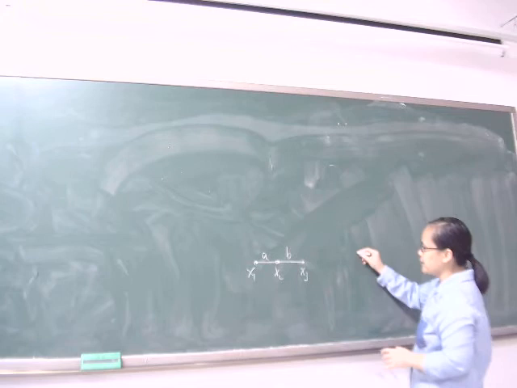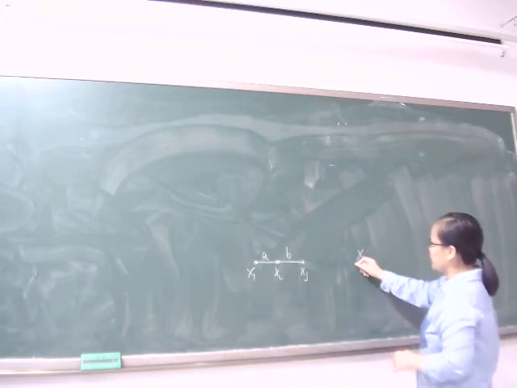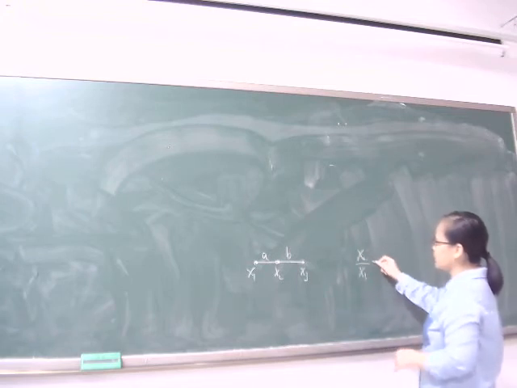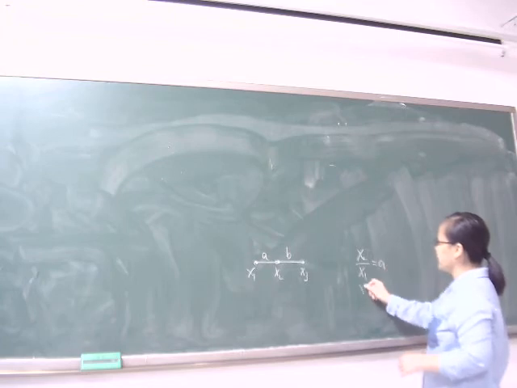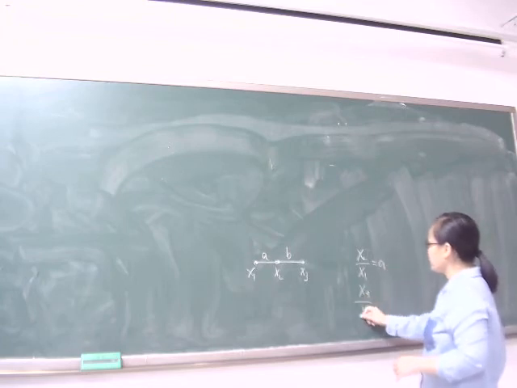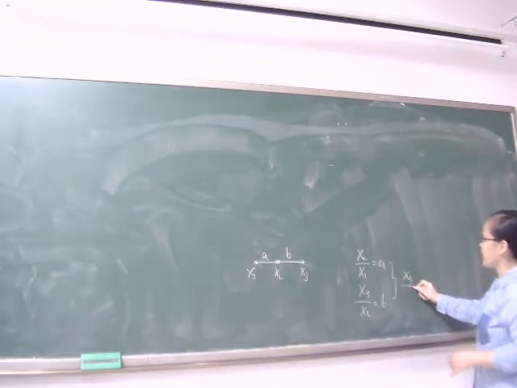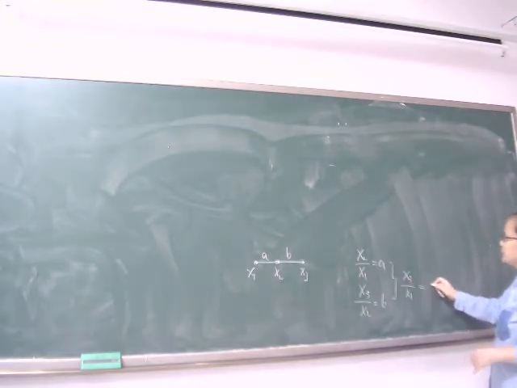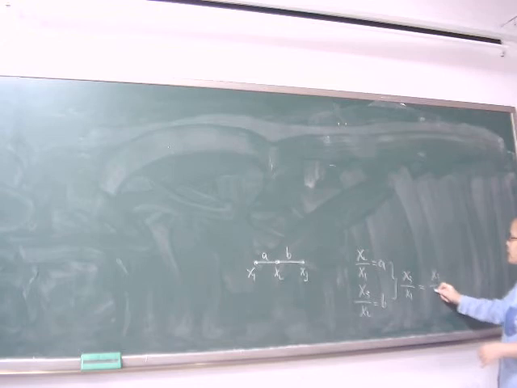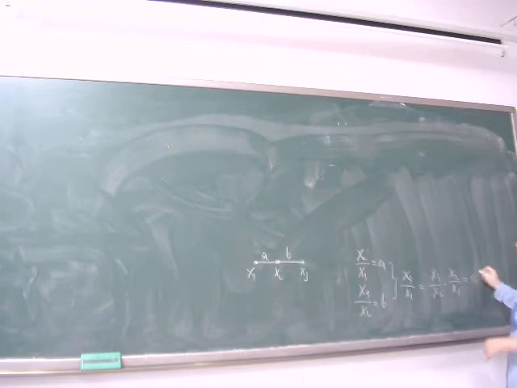So X2 by X1 equals A, and X3 by X2 is B. So X3 by X1 equals X3 by X2 times X2 by X1, equal to AB. Okay, let's go on.